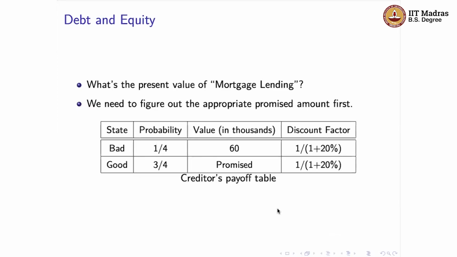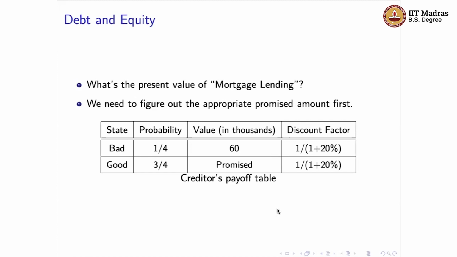Okay, so let's now think about the present value of the mortgage lending, from the creditor's perspective. Now, we can draw the creditor's payoff table. As before, the states are bad and good, and we know the probabilities of these two states, 1/4 and 3/4. We also know that in the bad state, when the value of the house is 60,000, the creditor has the full right to this 60,000.